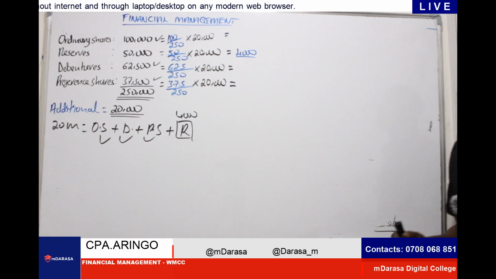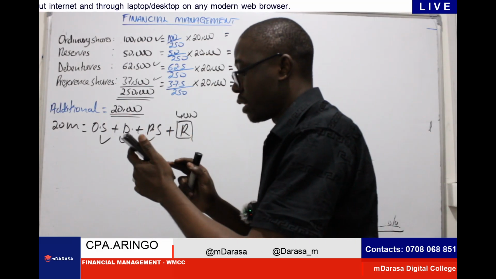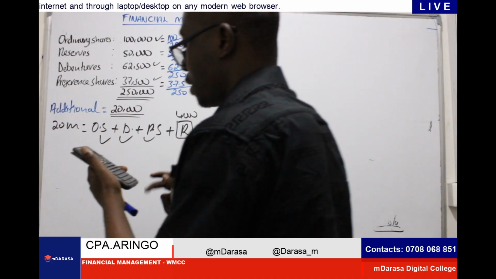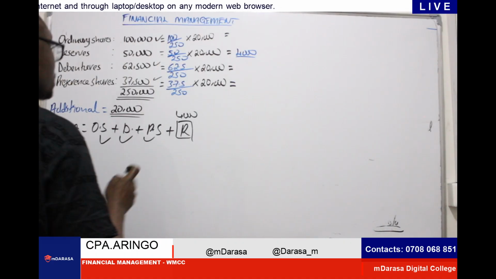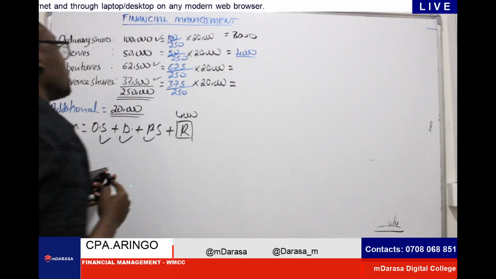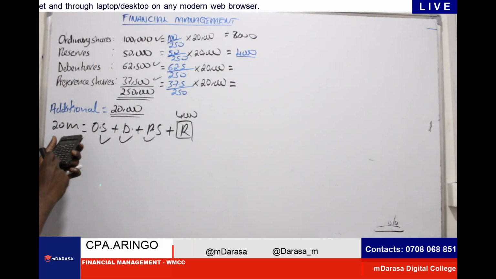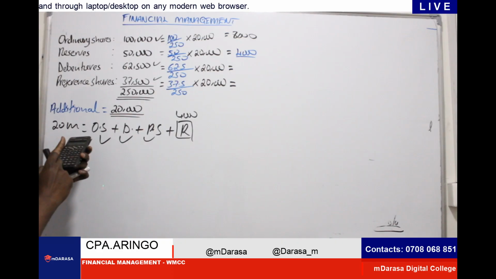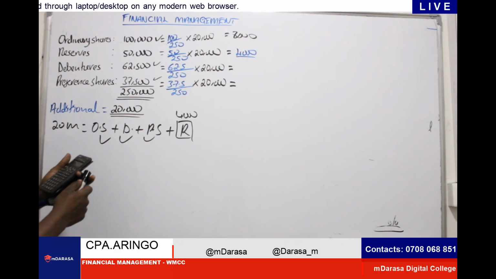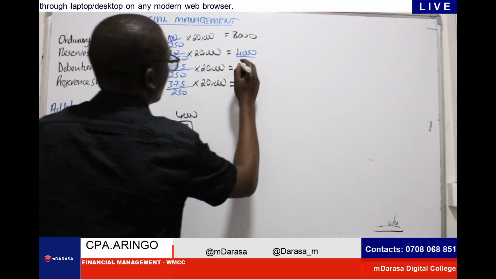So what will we be having here? I'm having 100 of 250 times 20,000, which will give us a value of 8,000. Then 62.5 of 250 times 20,000 will give us, of course, a value of 5,000.